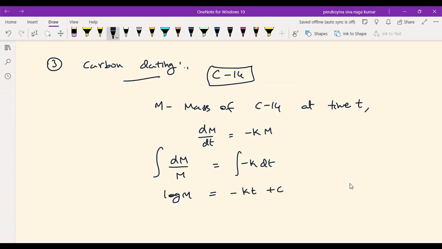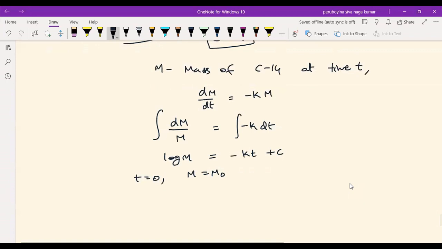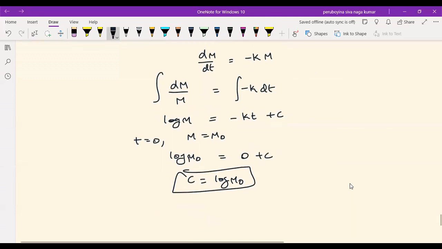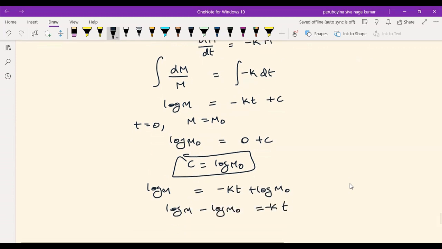So the initial conditions we will apply. Initial conditions means t is equal to 0 and M will be M naught. So we will substitute these values in the equation. Log M naught is equal to 0 plus c. Therefore, c is equal to log M naught. We will substitute this c value in the solution. So log M is equal to minus kt plus log M naught. Therefore, log M minus log M naught is equal to minus kt.